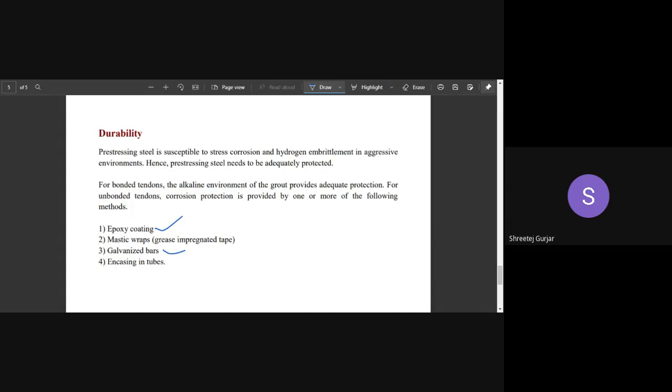Otherwise, I can continue with the next topic, that is analysis of pre-stressed members, which is an important topic. Just let me know in chat whether I should continue with the next topic, analysis of PSC members, or whether we should continue it in the next class.